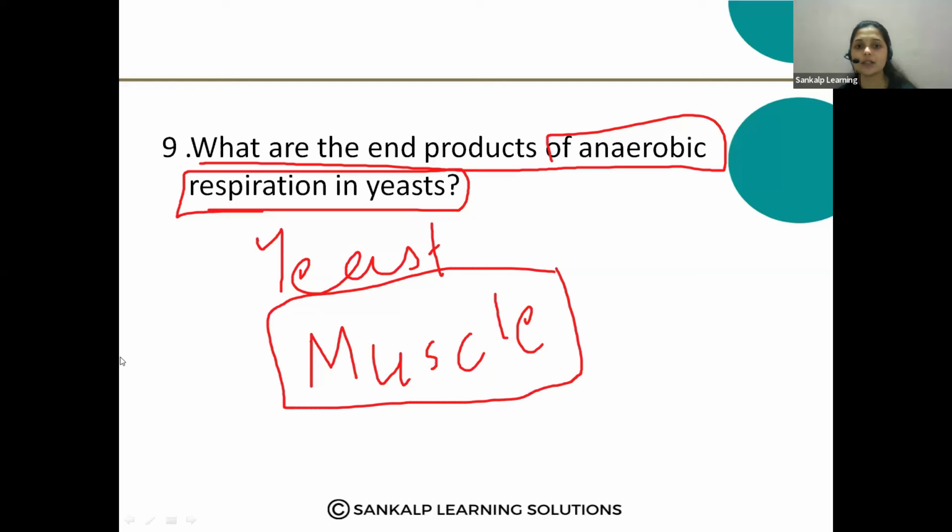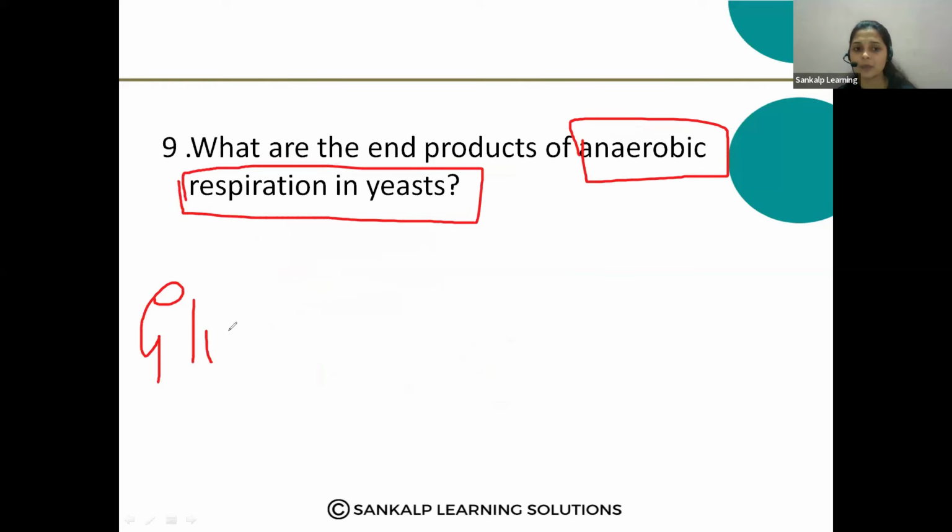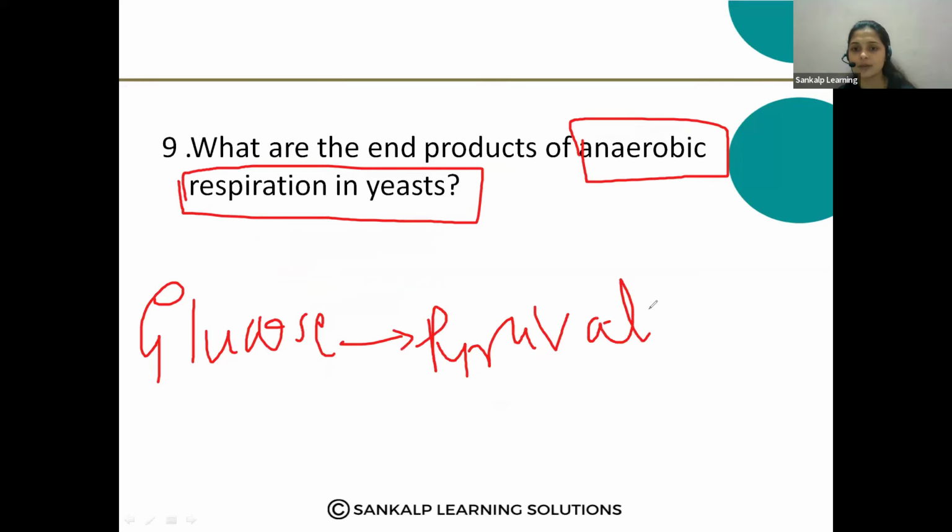Okay, so here they ask about anaerobic respiration in yeast, right? Here glucose breaks down into pyruvate molecule, pyruvate. This is the same in all three types of respiration.